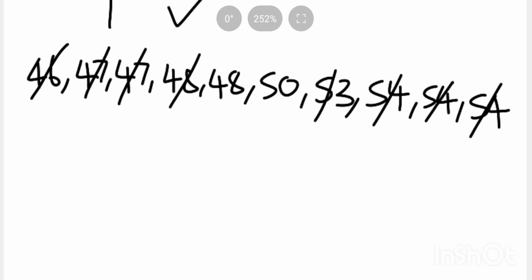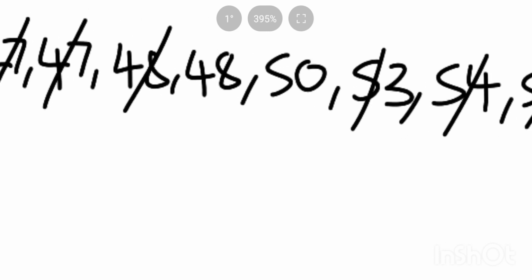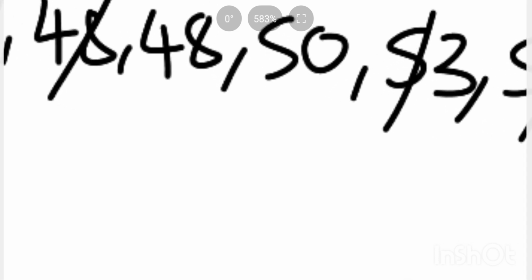So when this situation arises, when you have two numbers remaining after crossing the other numbers out, then the median will be the mean of those two remaining numbers. So we have 48 and 50. The mean of that will be 49, because it's between 48 and 50.